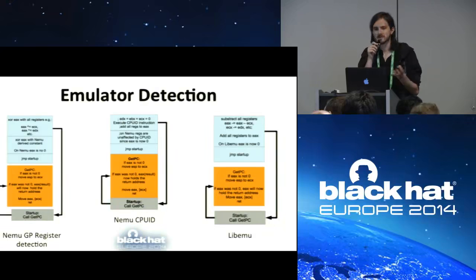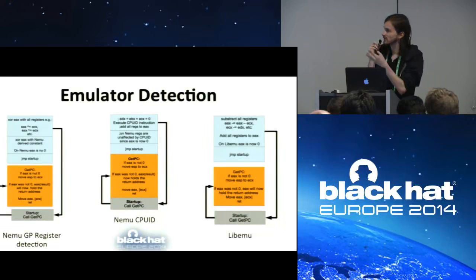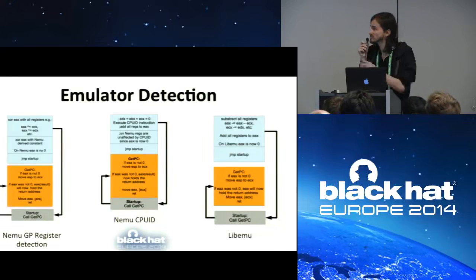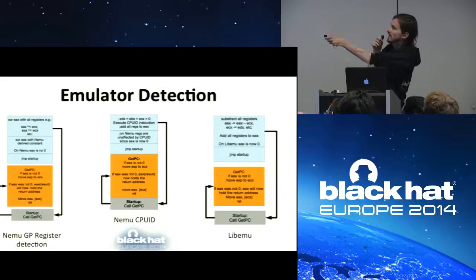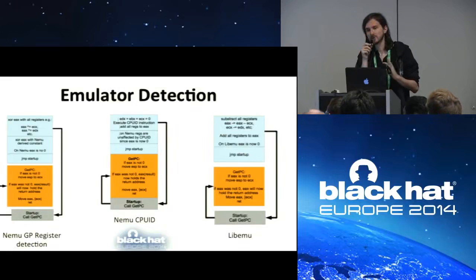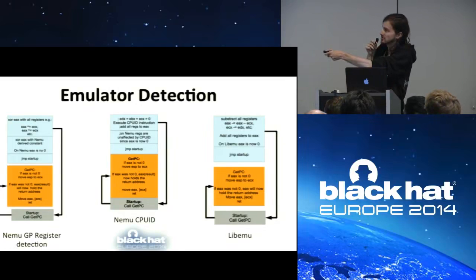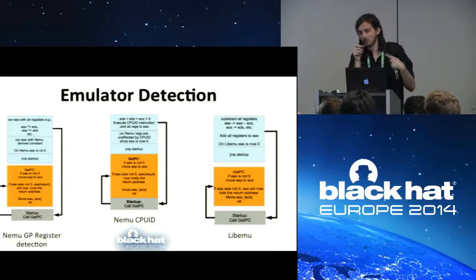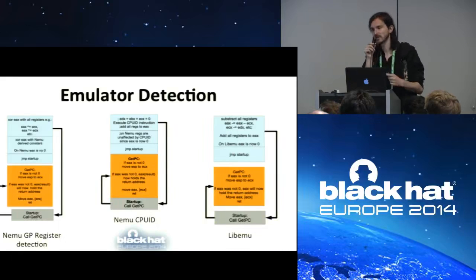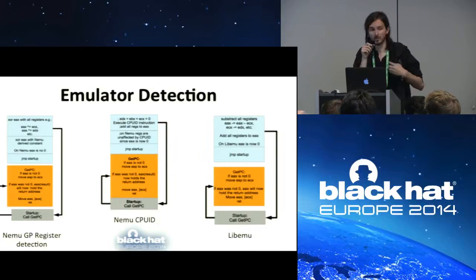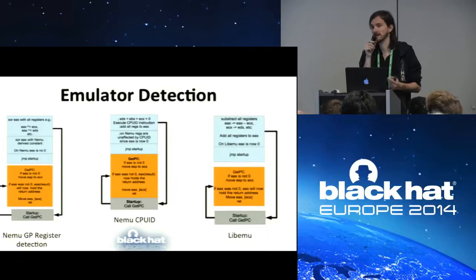There are a couple of implementation details which mean that, for example, in the case of NEMU, all the general purpose registers are initialized to the same constant value. So by using a checksum over all the general purpose registers combined with the constant value and incorporating the result in our getPC code, we can ensure that when it's run on a normal machine, we run normally, but while we're being emulated by NEMU, the code crashes and thus isn't being detected.